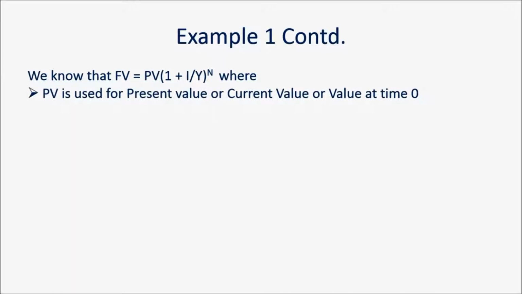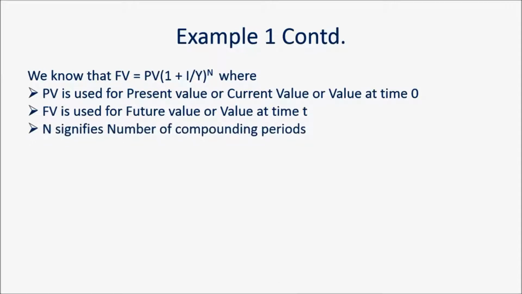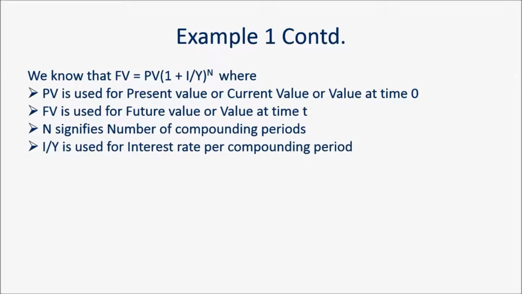Let's see this again. We know that FV is PV multiplied by (1 + I/Y) to the power N, where PV is used for present value or current value or value at time 0. FV is used for future value or value at time t. N signifies the number of compounding periods and I/Y is used for interest rate per compounding period.